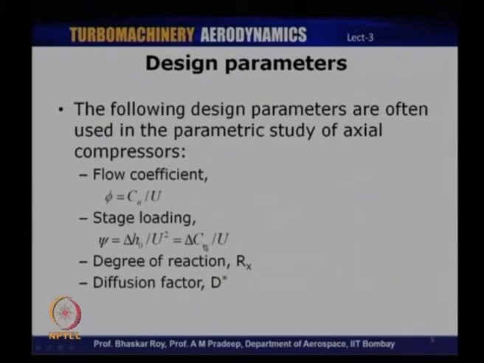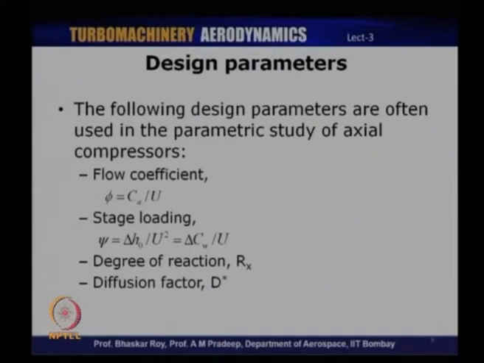Therefore, delta Cw by u is usually denoted as the stage loading coefficient. So, these are 2 parameters to begin with which we shall be interested in, and we will be using these parameters in great detail when we take up the performance characteristics of single stage and subsequently multi-stage axial compressors.